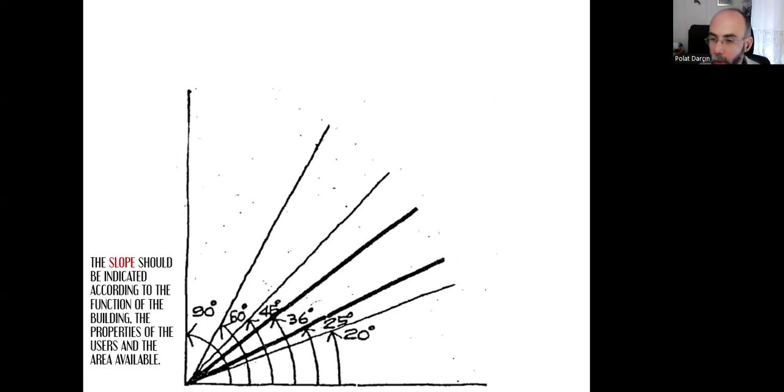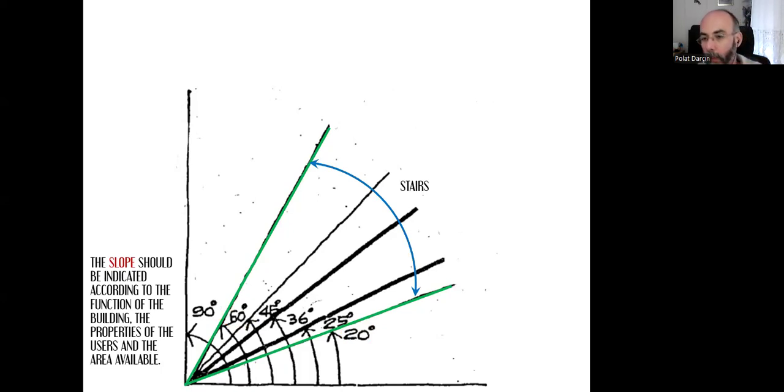We can have different angles, different percentages. Here, let's say that this angle is 20 degrees and that angle is 60 degrees. Those are the minimum and maximum angles that we need to prefer for stairs.